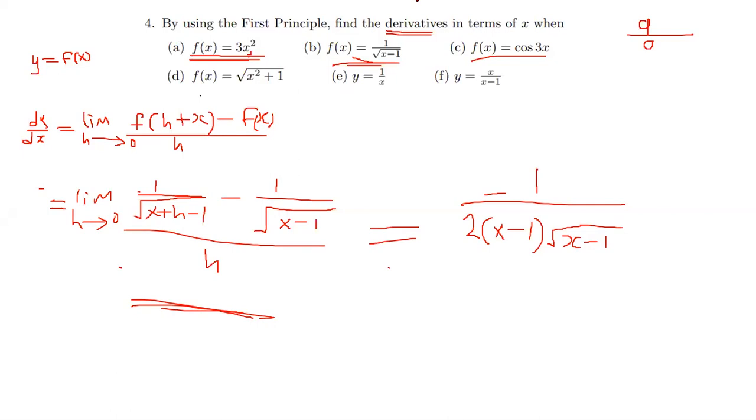On this part here, which is 1 over x plus h minus 1, f of x, what you do here is, wherever there's x, you replace it with x plus h in the normal function. So wherever there's x, this x here, you replace with x plus h.